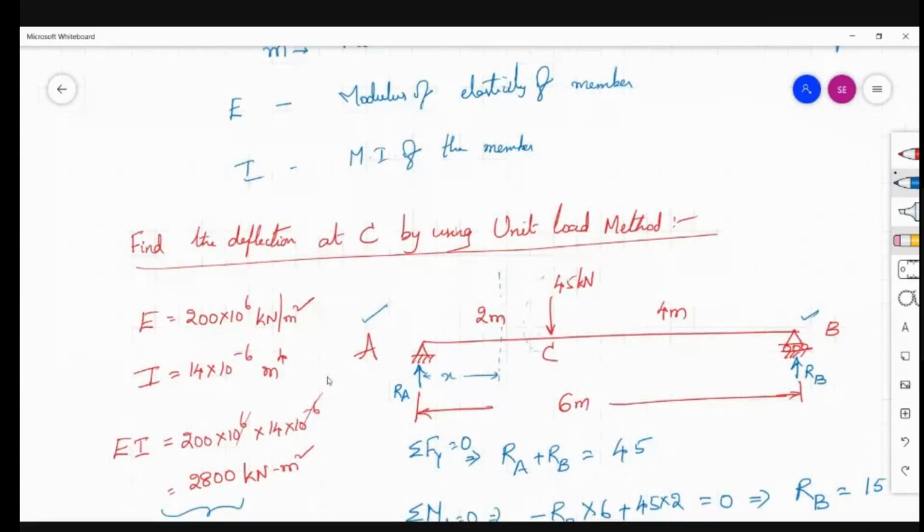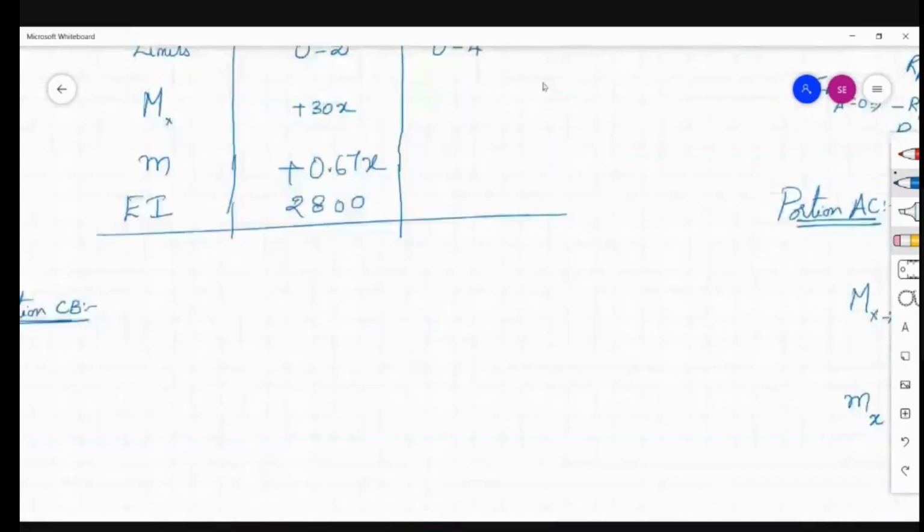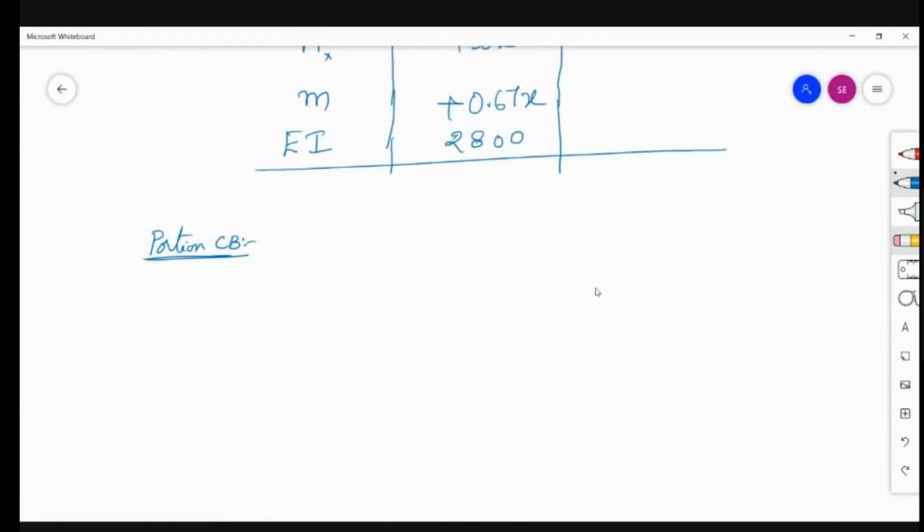Just cut a section here at a distance of x from B and take the right side free body diagram. You can take the left side free body diagram also, but here for ease, I am taking the right side. Now, RB value is 15 kilonewtons due to the external load system, whereas due to the unit load, the value is 0.33 kilonewtons.